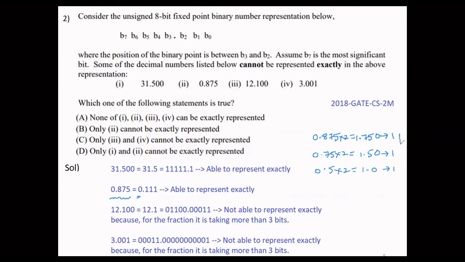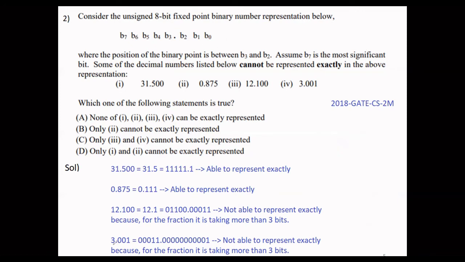So after the binary point it is 111. To represent the fraction, 3 bits are enough. So 0.111 can be represented exactly.